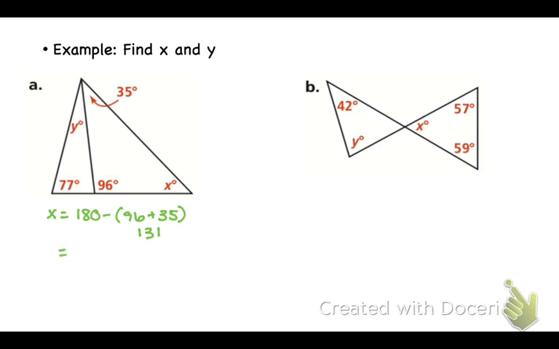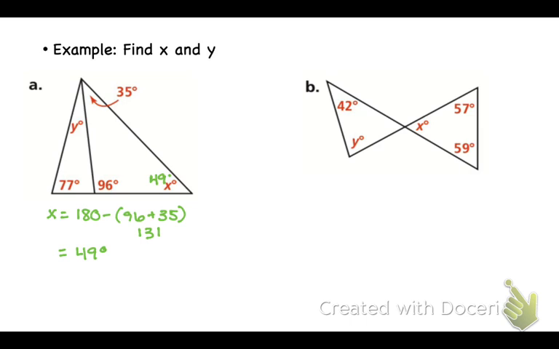So X equals 49 degrees. So 49 degrees. How are you going to find Y?